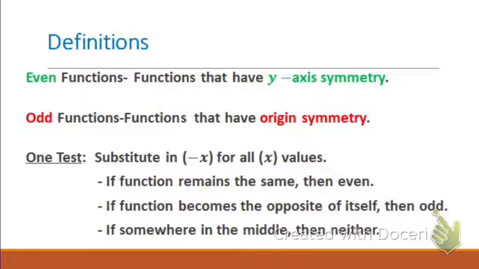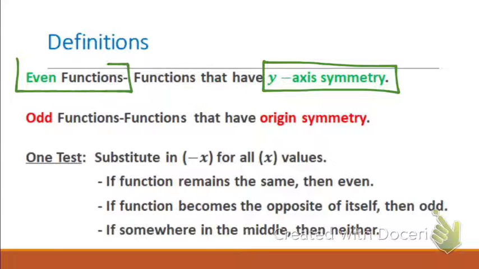First thing we're going to talk about with graphs of functions is even and odd. We've already talked about even and odd, just not necessarily in those words. When we talked about y-axis symmetry, that is an even function. Y-axis symmetry is the same thing as an even function.